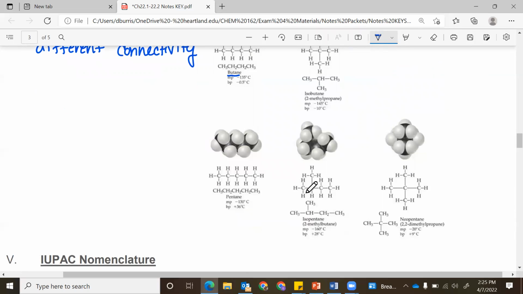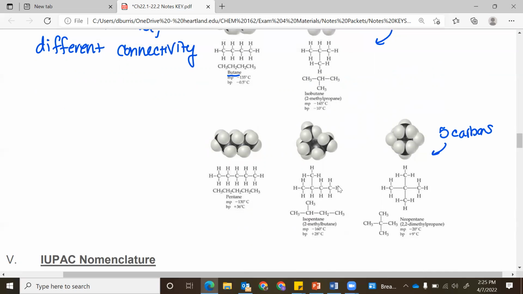So if I go to 5 carbons, I have more isomers. I can either put them all in a row, or I can stick one off of this carbon here, or I can do 3 and then stick one up and one down on that carbon there. Now, these are the only isomers if you have 5 carbons.